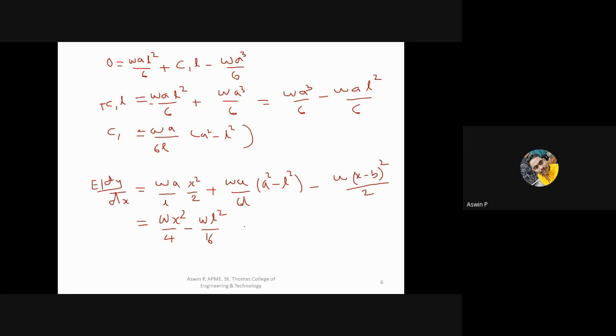And when we are substituting x equal to 0, where does x equal to 0 come? x equal to 0 at the point B, right? When x equal to 0 is substituted, automatically the term with x becomes 0. So slope will become wl square by 16. That is obtained only when x equal to 0 is given. When x equal to 0, EI dy divided by dx will become minus wl square by 16. Because there was x on the other side, that can be cancelled. So if only dy by dx is asked, you have to take this EI to this side.